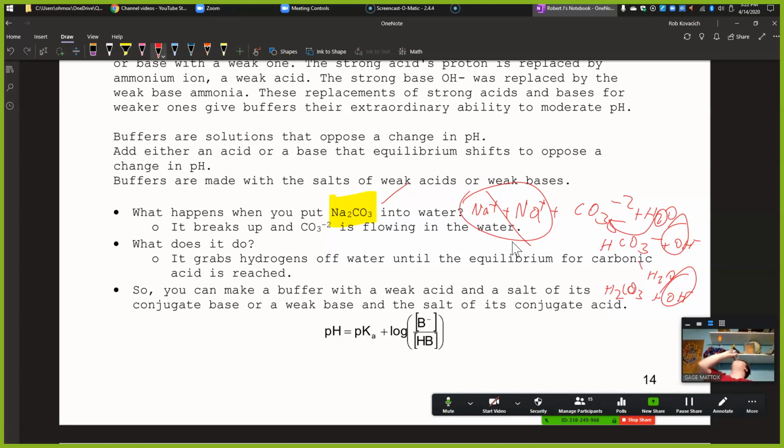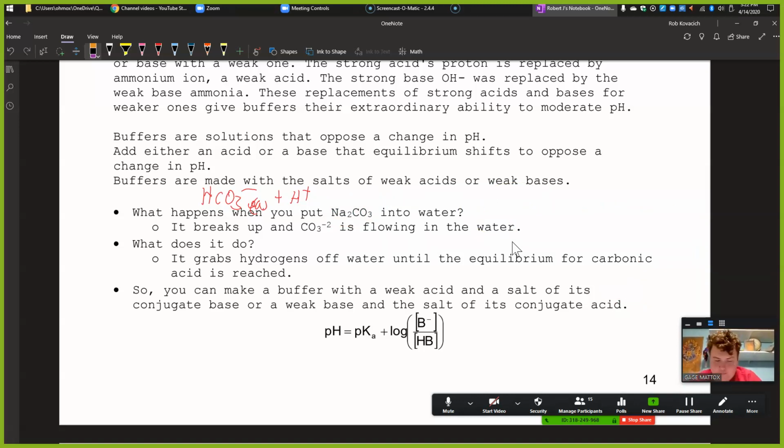But let's say that I put these guys in the water. Let's say that I had HCO3 negative floating around in water, and some acid got added to the water. What would happen? The hydrogen carbonate would grab the hydrogen ion and become carbonic acid.